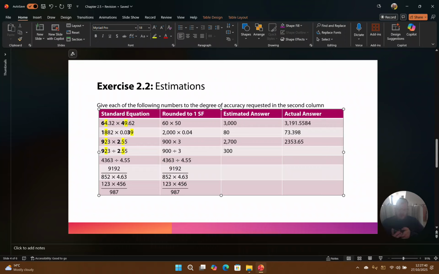Oh, we have a recurring number. So we'll just do the 1 for now. And it's important to do that because that means that it's occurring.